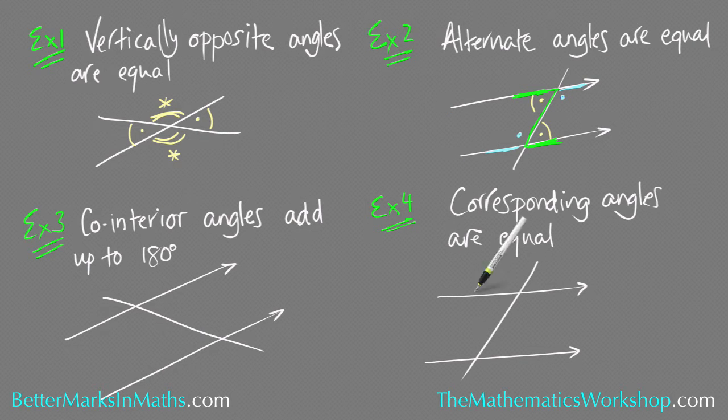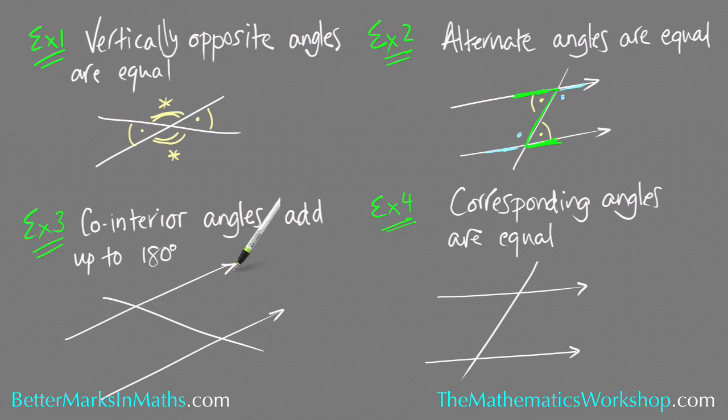Example 3, co-interior angles. They are angles that add up to 180, and they make a C, and they are between the two parallel lines and on the same side of the transversal.